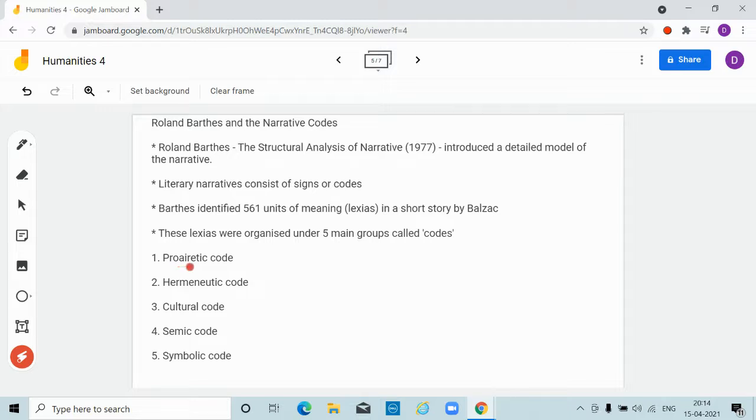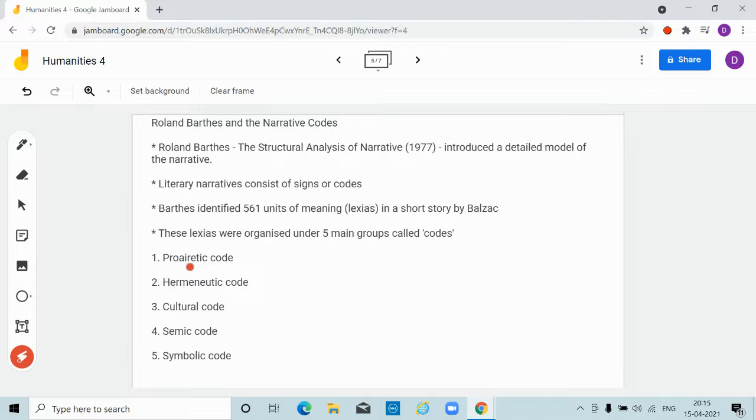First one, the proairetic code. This code refers to the sequence in which events occur. It refers to the order or the arrangement in which events occur in a narrative. First, this event happened, and the second event followed.